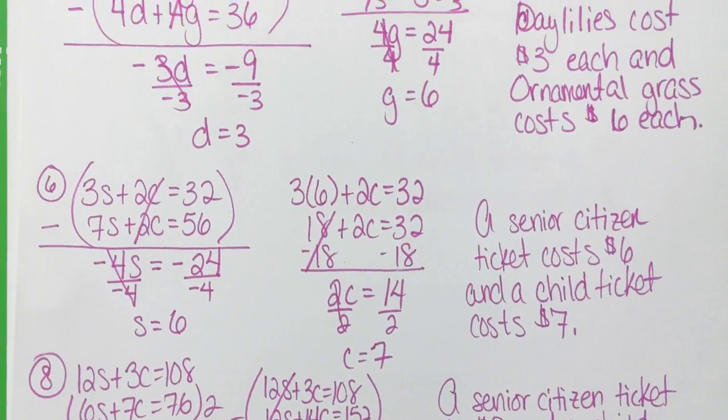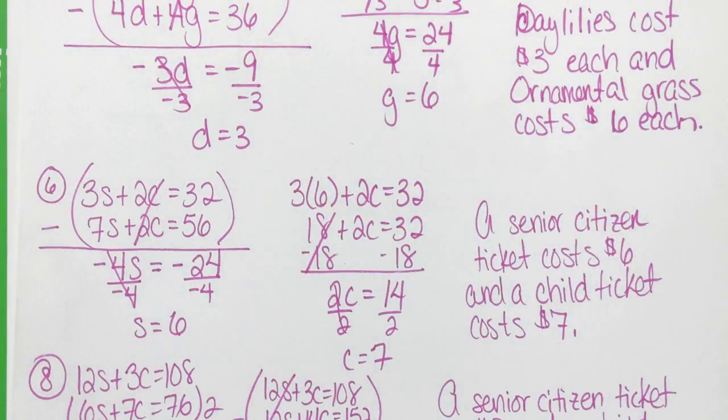All right, guys, there's number 6. She gets $6 for a senior citizen and $7 for a child.